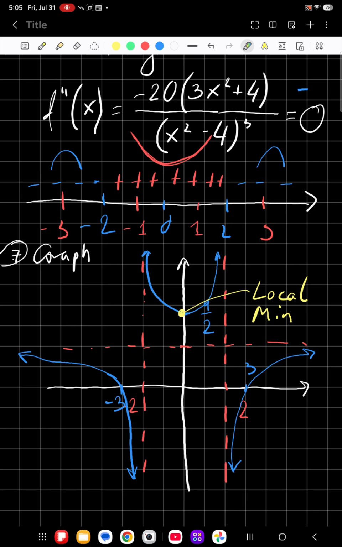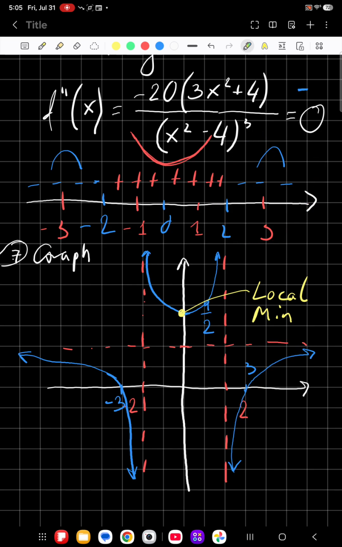The value is 9/2, but it occurs at 0. And then the last branch, again, we have concave down. That's over here. The x-intercept is 3, and that's the graph.